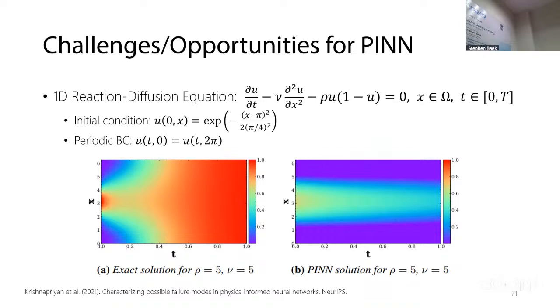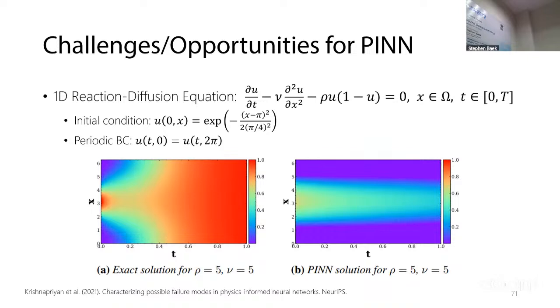Now, the diffusion term obviously describes the diffusion phenomenon, so the quantity spreads to the nearby region. But then the reaction term over here describes the creation of the material, and so on and so forth.